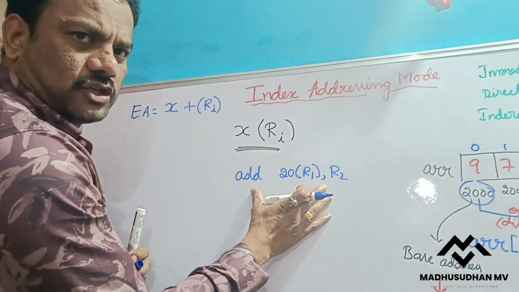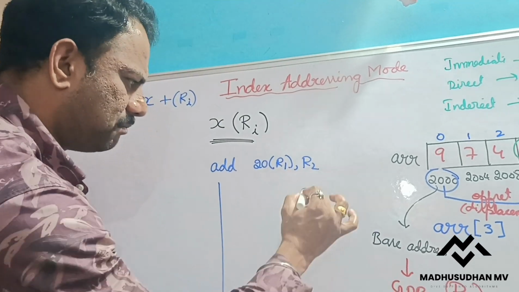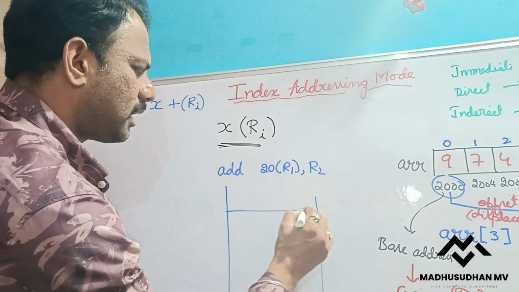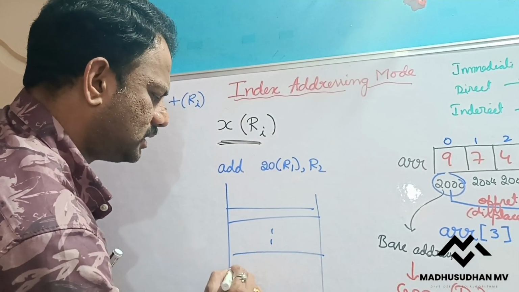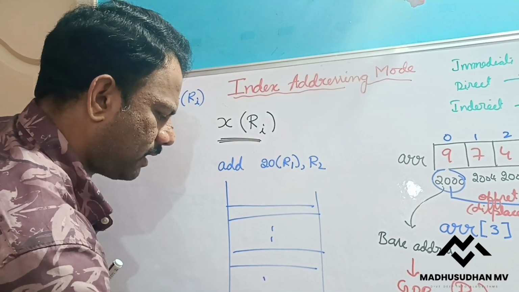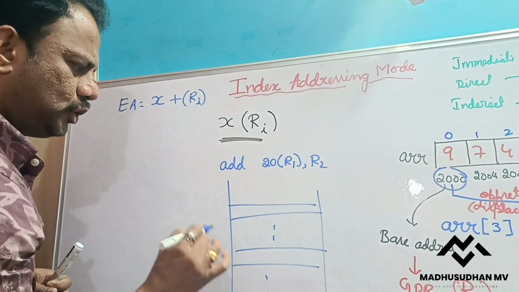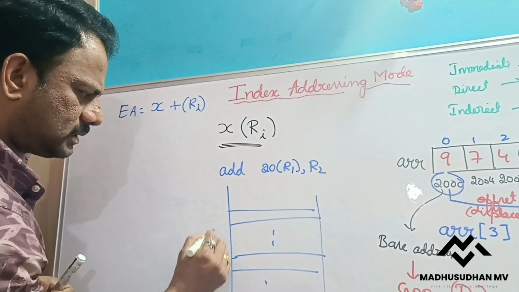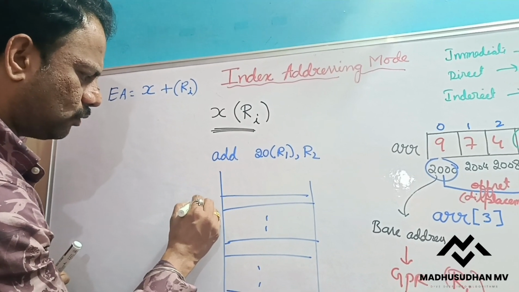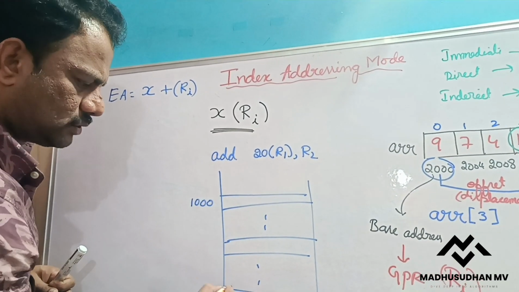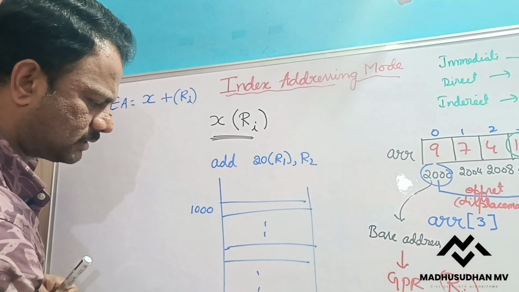The meaning of this instruction: I have some memory locations somewhere. This is main memory. Assume this is the 1000 address, and this is the 5000 address.